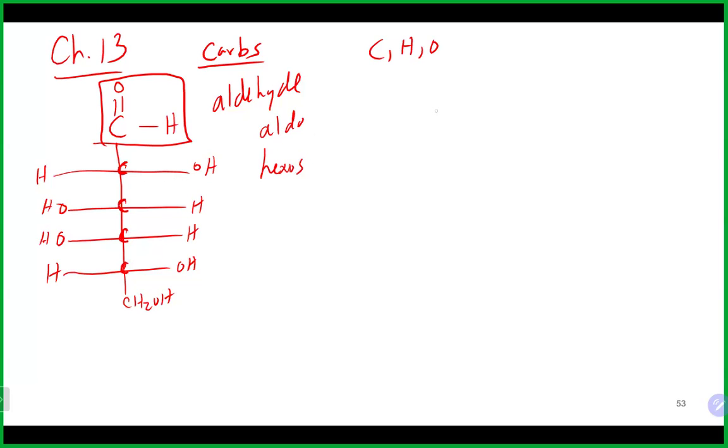We also talked about the other functional group that we do see in carbohydrates, which is really the ketone group there. And I'll just write the carbon there so we can see it.